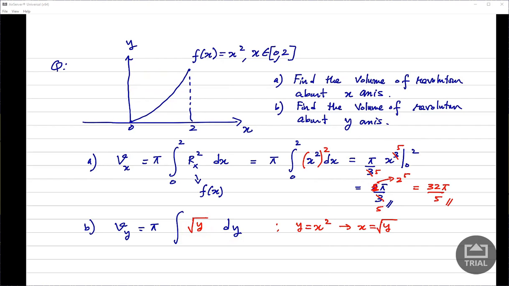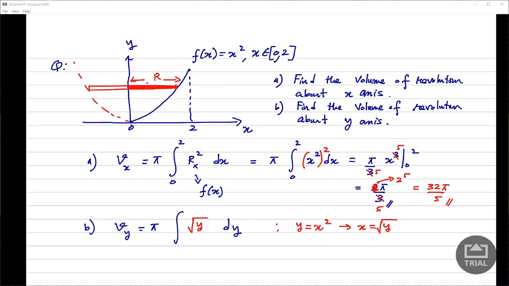Why? Because if you draw this, this is your radius, right? So that radius is x is equal to something, because this is parallel to x, right?